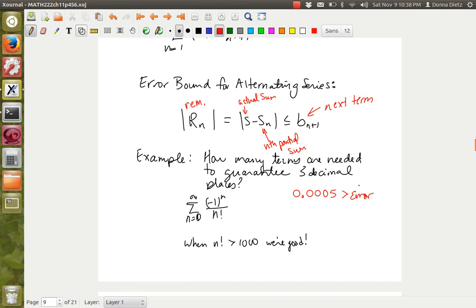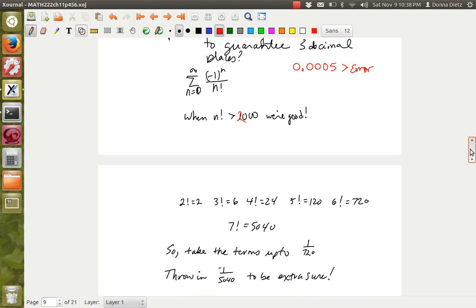So you probably want maybe more than 1,000. Maybe you want 2,000. So all you have to do is keep hiking up n until n factorial is greater than 2,000, and then you can say, fine, we're good. You're like, that's a lot of terms. It's actually not, because by the time you get to 7 factorial, you're way past where you need to be. If you just take 7 terms, you're way safe.